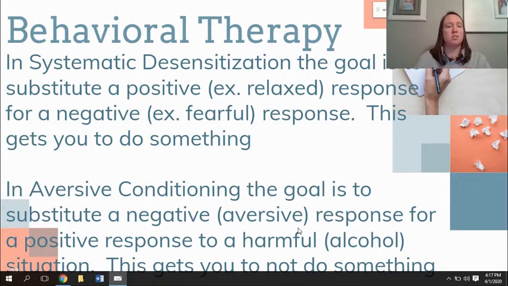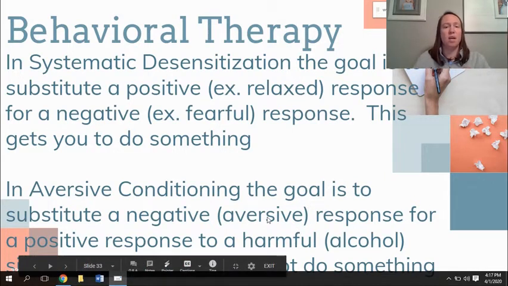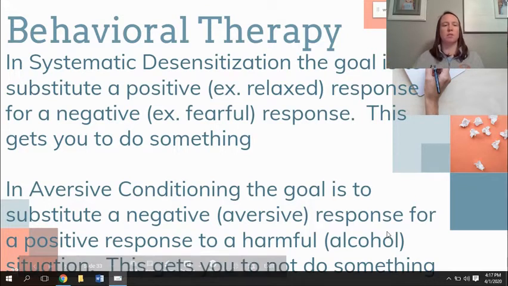So they're going to substitute something negative, something aversive, in response for the positive response to alcohol that you liked. That's why you were drinking it, right? Like the person with the problem, that's why they were doing it. So this gets you to stop, to not do something. So if you want to put in there, systematic desensitization, a long word, and aversive conditioning are opposites.